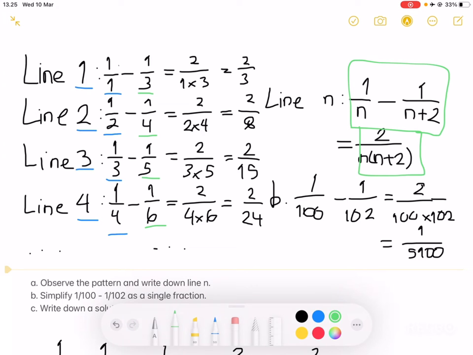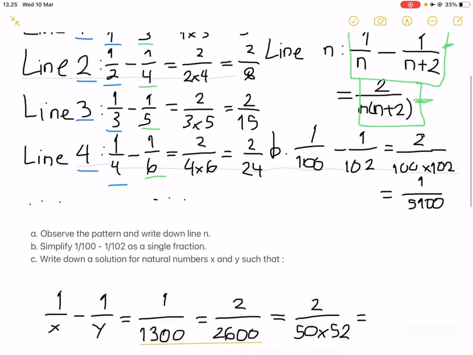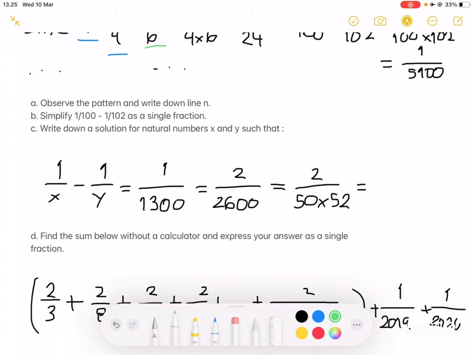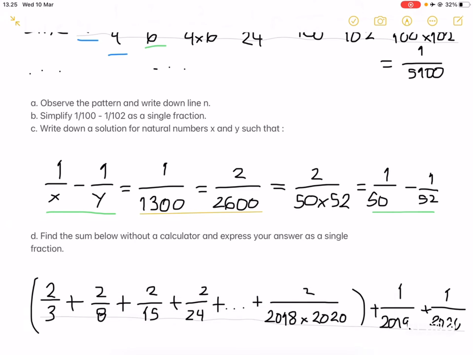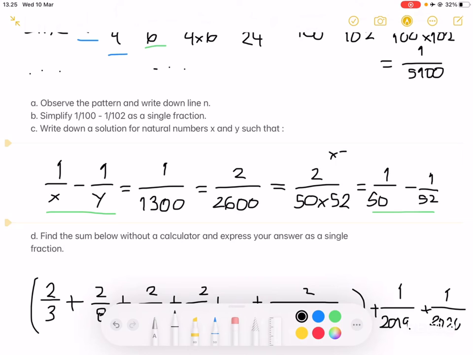So notice we've arrived at this format, and this is equal to this format right there. So this is also equal to 1 over 50 minus 1 over 52. And if you look at the left hand side and the right hand side, you'll know that x must be 50 and y must be 52. There we go. So that is the answer for part C.